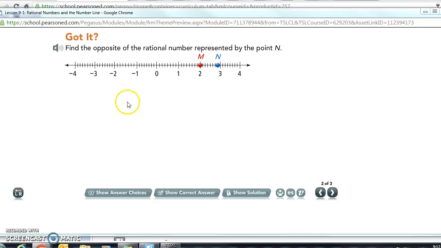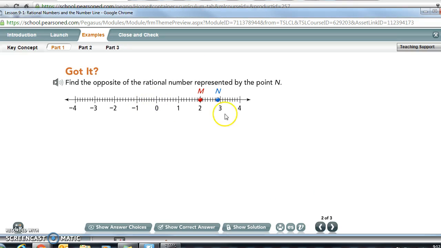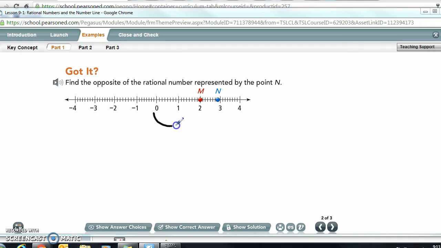Next, they will say find the opposite of the rational number represented by the point n. Well, let's look. So step 1 was to figure out how many times they're cutting our whole. So from 0 to 1, I'm going to look. Well, I have 1, 2, 3, 4, 5, 6, 7, 8. So that means 8 over 8 will be equal to 1.